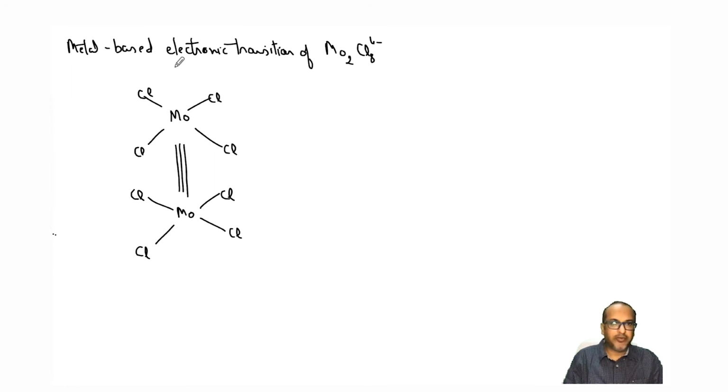So let's say if you want to draw the XY coordinates, the z-axis will be passing through this, right? And we can say that our x will be passing through one of these, so we can draw x like this, and y will be passing through another Cl bond, so we can say our y will be like this, right?